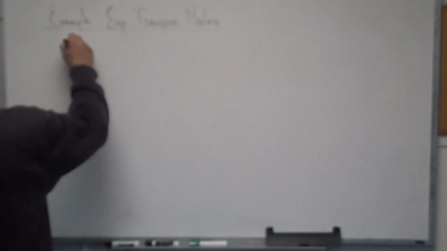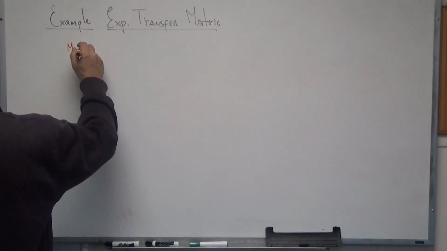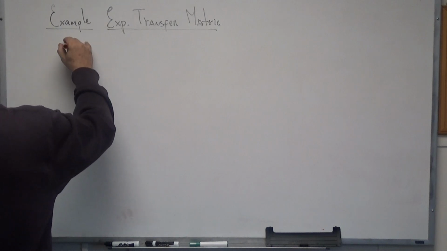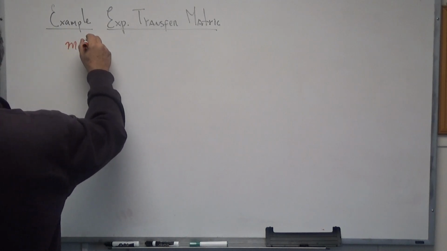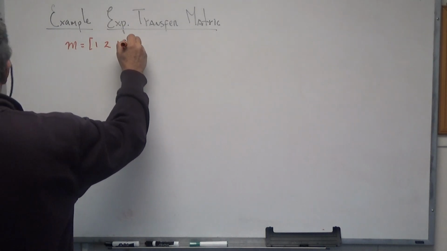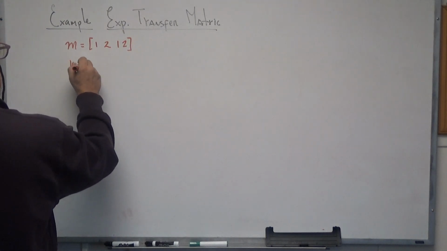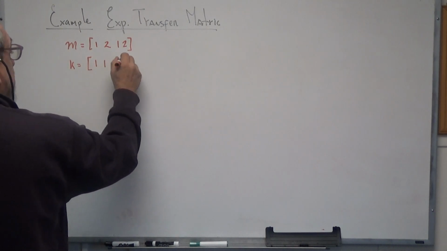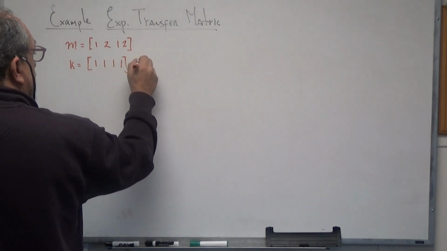Okay? So I'm going to take a look at a system whose, actually let me use scalars. So its masses are 1, 2, 1, 2. The stiffnesses are 1, 1, 1, 1 times 500.